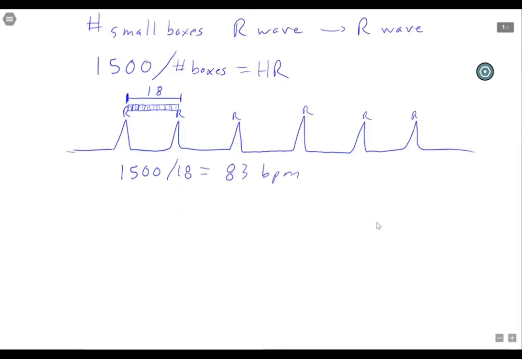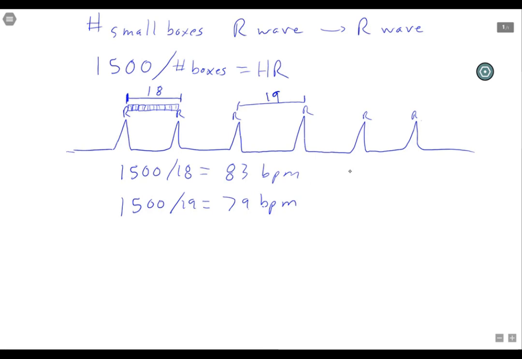The issue here is, what if between these two R waves, I counted 19 small boxes? Well, 1500 divided by 19 gives us 79 beats per minute. So depending on how good you are at counting boxes, and if there was any difference between the number of boxes between these two R waves and these two R waves, your heart rate's going to be slightly different.